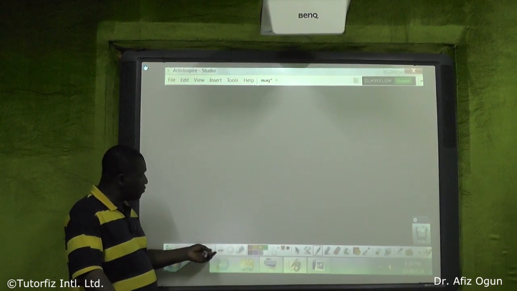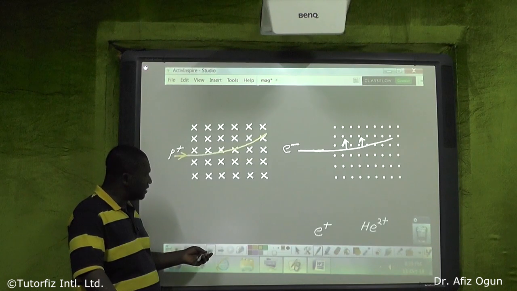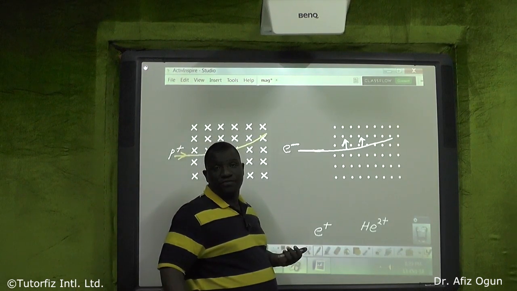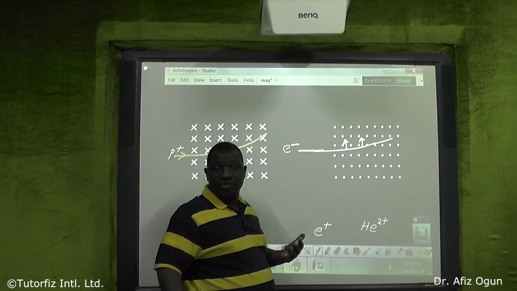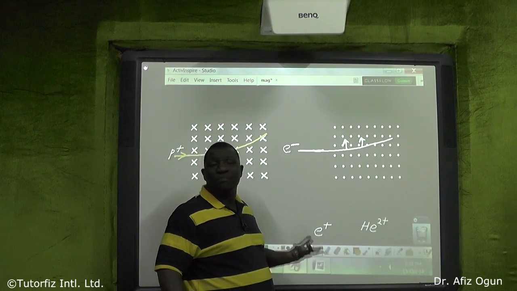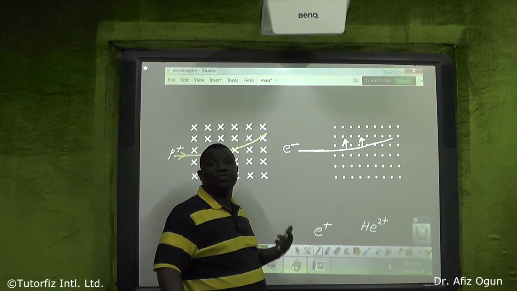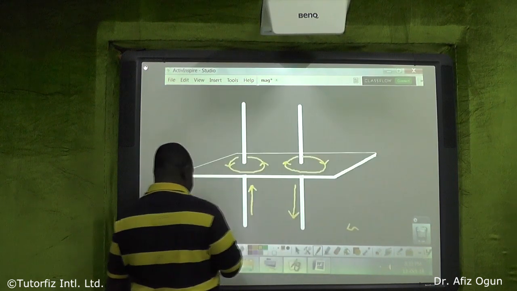Somebody will ask me, okay, what about that conductor, charge particle moving in the field? If the charge particle does not move, then there is no current. If the charge particle moves, then there is current. So even in that wire, charge particles are moving. That's why there is current. So the original thing is actually movement of charge particles. So how does current relate to charge particle movement?